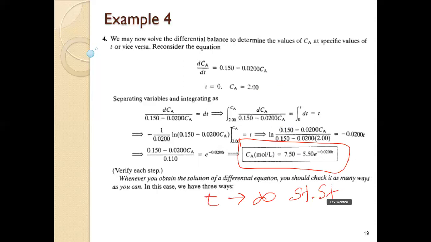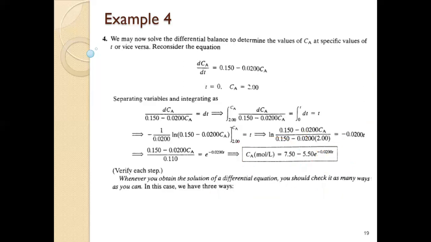At time equal to infinity, this exponential term approaches 0, so you can cancel this. Okay, for this step, it's correct. This is the general equation for concentration as a function of time. From the unsteady mass balance, we get this.